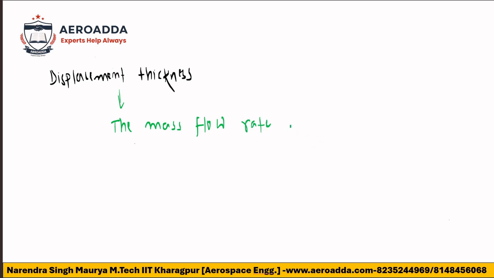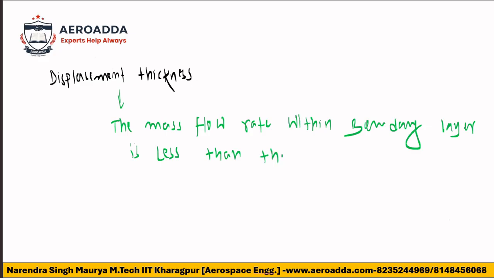So the mass flow rate within the boundary layer, please remember this, is less than the mass flow rate in the absence of the boundary layer.